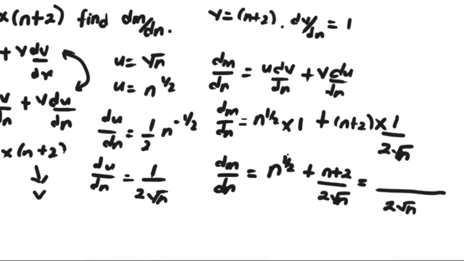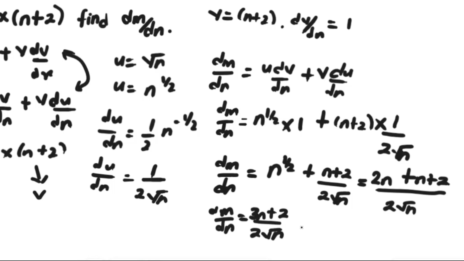So 2 root n times root n will give us 2n, plus n plus 2, which will finally give us dm/dn to be (3n plus 2) divided by 2 root n. So that will be your final answer.